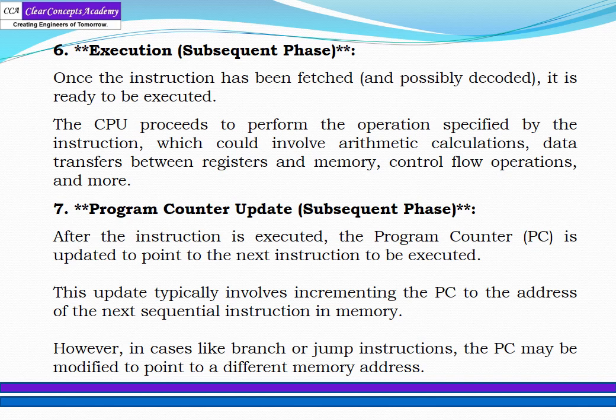In that case, instead of storing the address of 101, it will get the address of 200, because it has to jump to location 200. Normally it has to be ready for the next instruction, but if there is a branching or jump instruction, it will get the address which the program tells it to get, or where the program tells it to go. So that address will be loaded into the program counter.